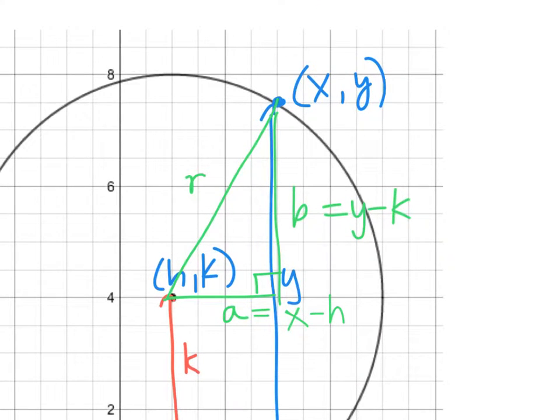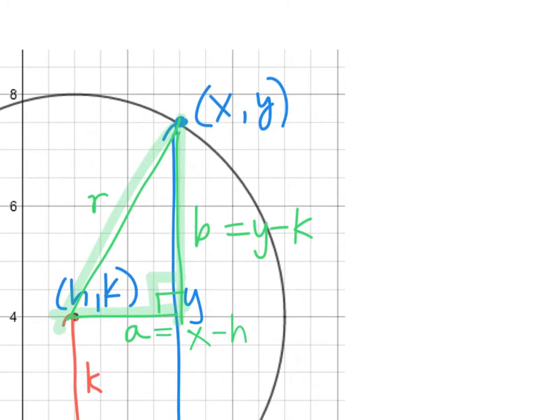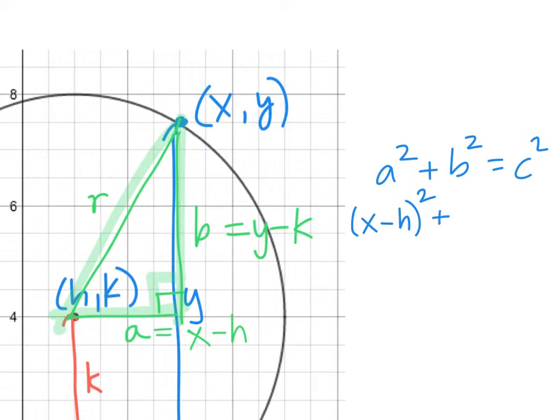Now take a look at this triangle. This is a right triangle. Right triangles follow the rule, which is the Pythagorean theorem. Pythagorean theorem says a squared plus b squared is equal to c squared, right? In my right triangle, a is x minus h, so square that.